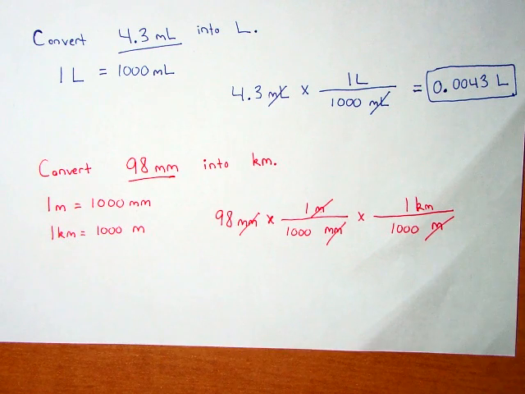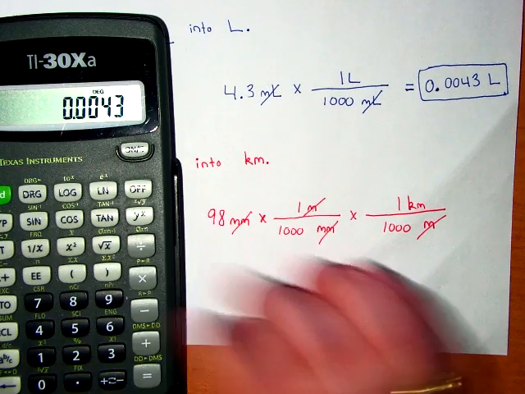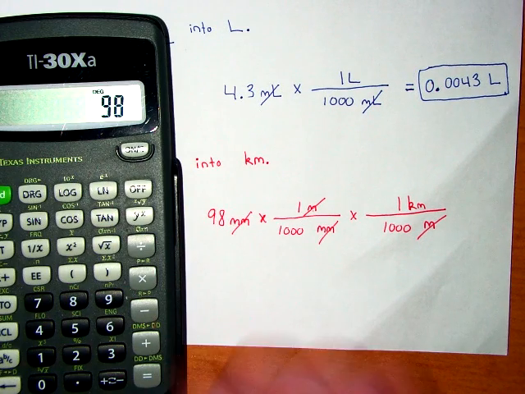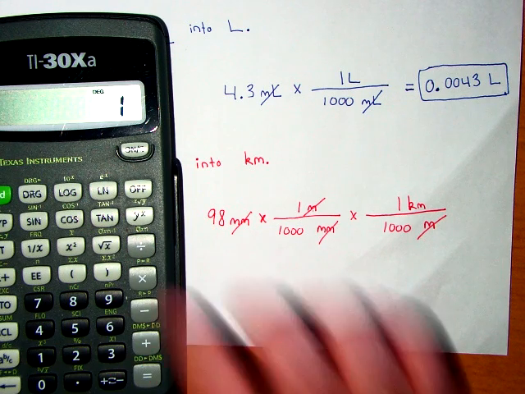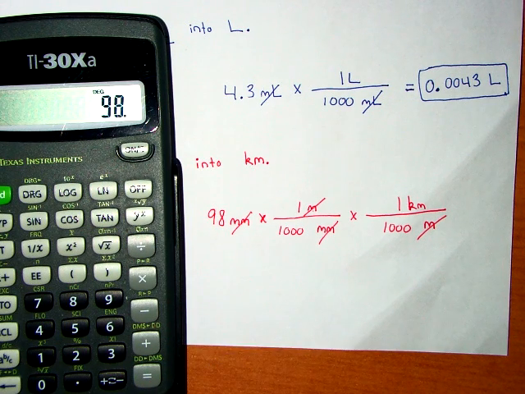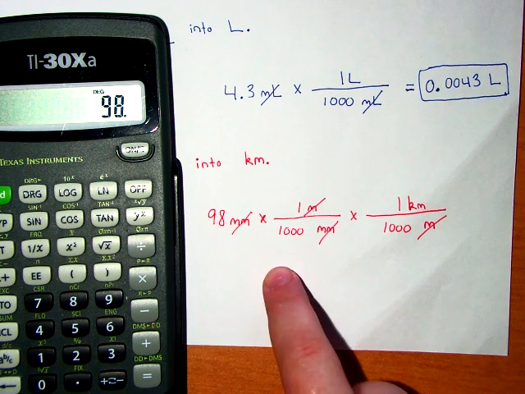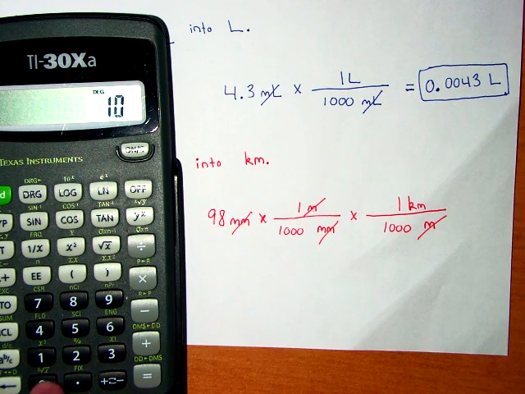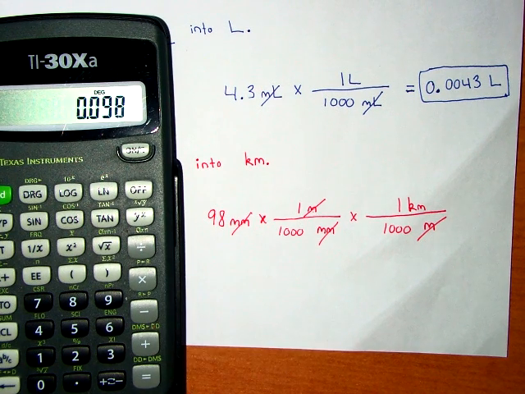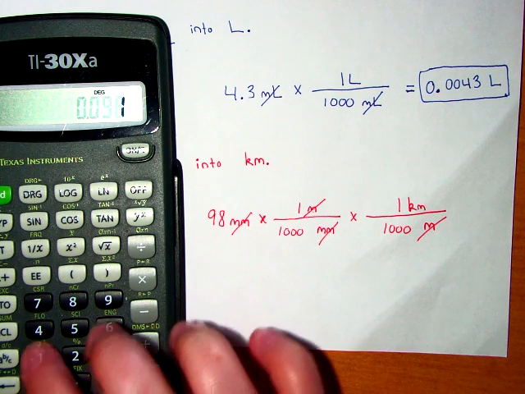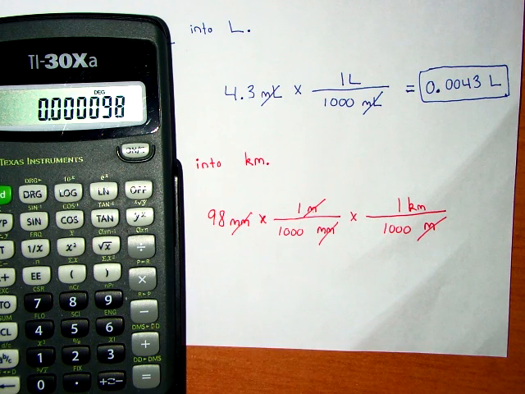All right, so I'm going to type this in. 98 times 1 times 1 equals, that's my top. I'm going to divide by what's on the bottom. Divided by 1,000, enter. Divide again by 1,000, enter.